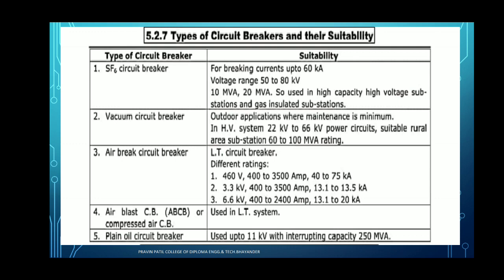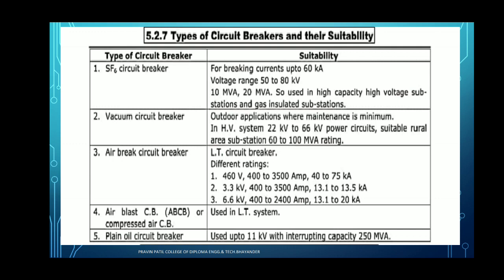The rating capacity of the air blast circuit breaker, just like the air brake circuit breaker, is 460 volt, 400 to 3500 amperes, 40 to 75 kilo amperes. The rating capacity of current and voltage of the air brake circuit breaker and air blast circuit breaker are the same.